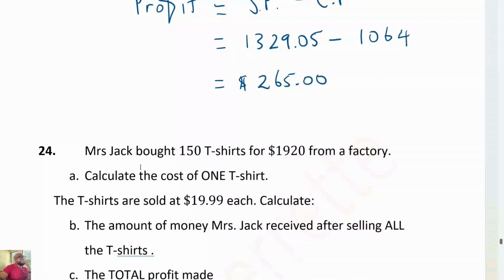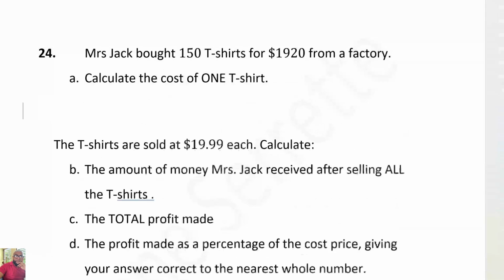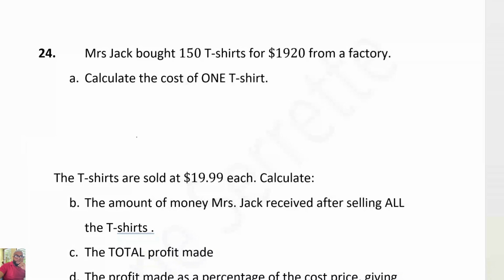Now, Mrs. Jack bought 150 t-shirts for 1,920 from a factory. Calculate the cost of one shirt. So I want you all to try this one for me, right? Mrs. Jack bought 150 t-shirts for 1,920 from a factory. Calculate the cost of one t-shirt. What do I do here to find the cost of one t-shirt?